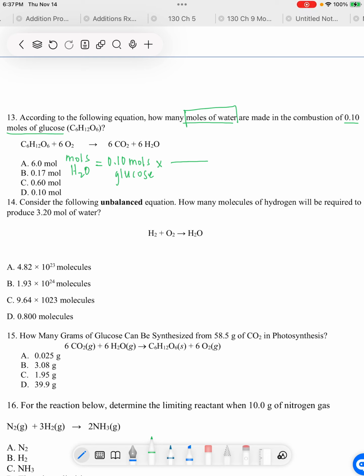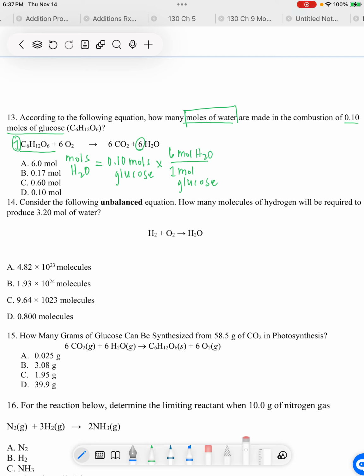How many moles of glucose do we have? Well, remember, when nothing's written here, we know that there's an invisible 1. So we know 1 mole of glucose will produce how many moles of water? 1 mole of glucose will produce 6 moles of water.